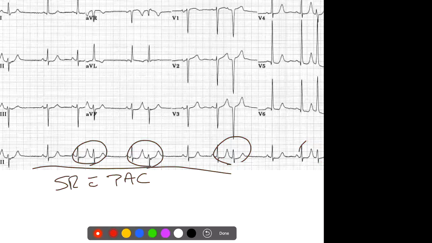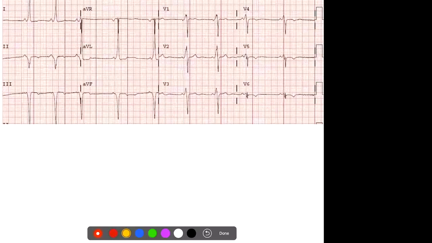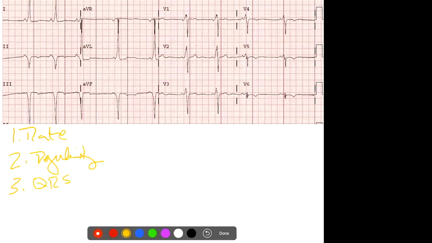All right, a couple more here, I think. Okay. So let's do this one from the top. We have a rate. Somebody go ahead and just shout it out when you got it. Are you all going to make me do it?